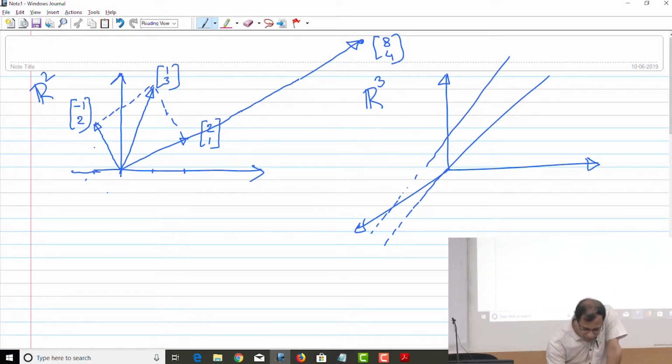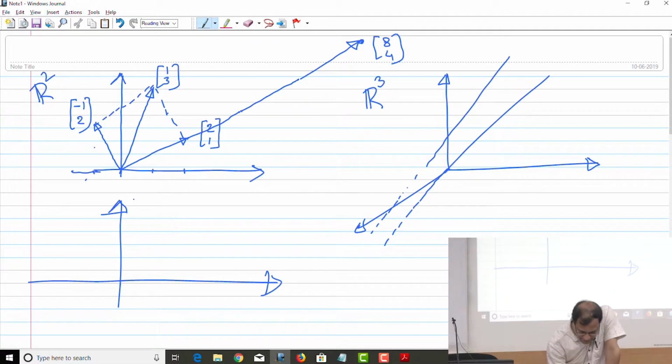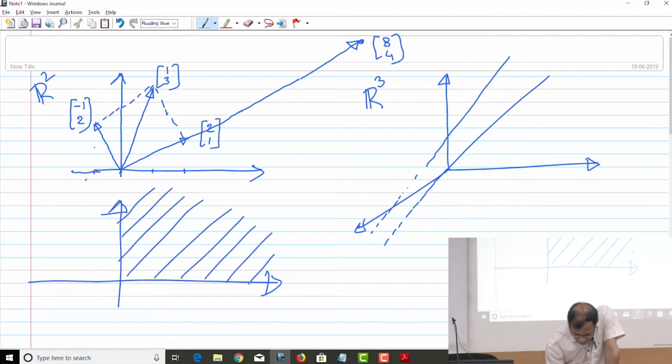For R2, suppose I consider this subset, this one quadrant. Will this be a subspace of this vector space? Yes?